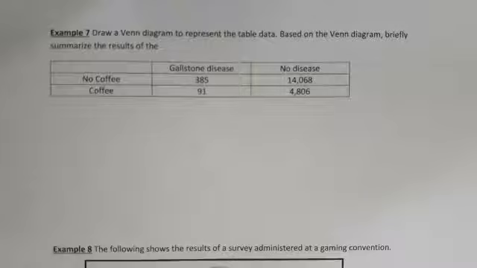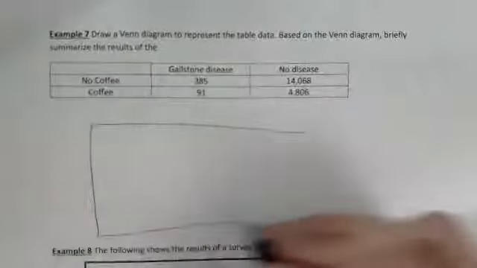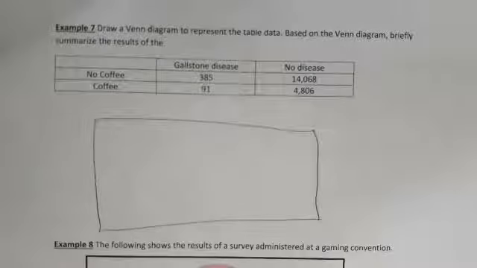Okay, so now we want to draw a Venn diagram to represent a table of data. Let's draw it. They're looking at whether someone drank coffee and whether they had gallstone disease or did not.